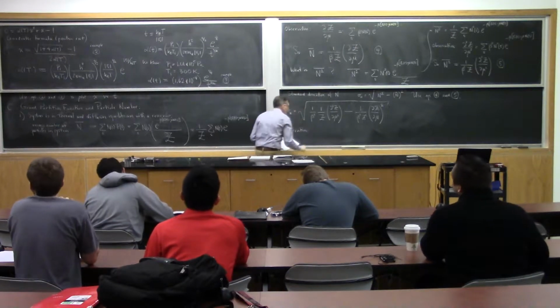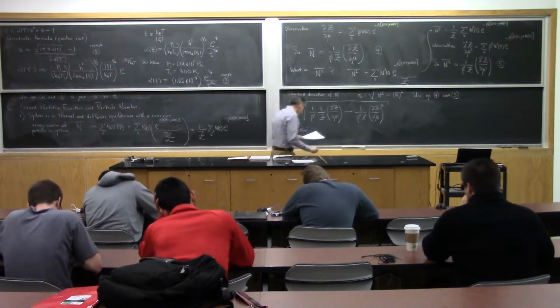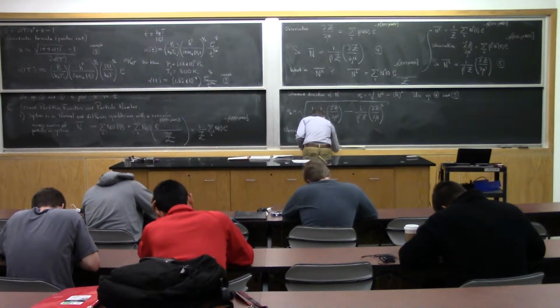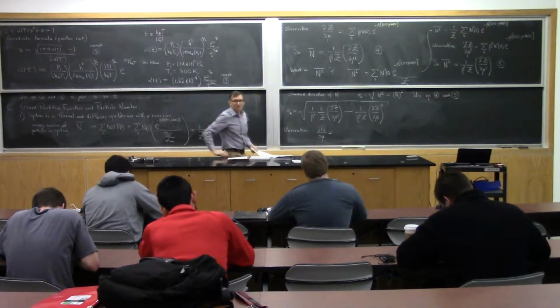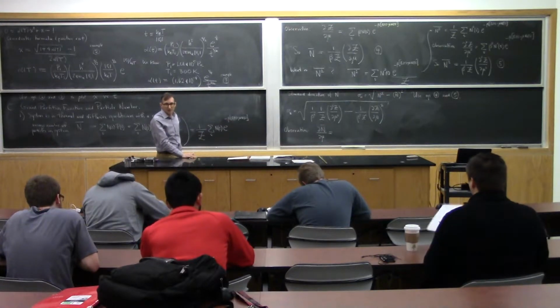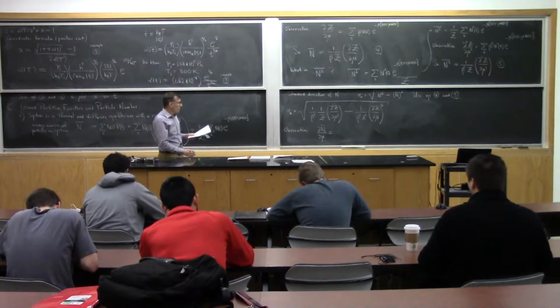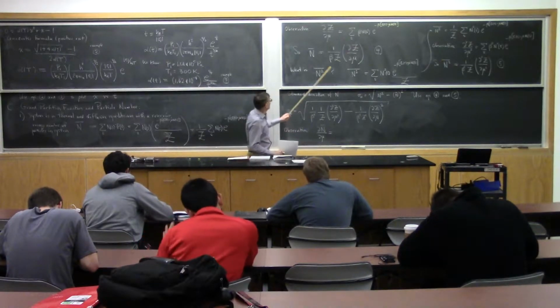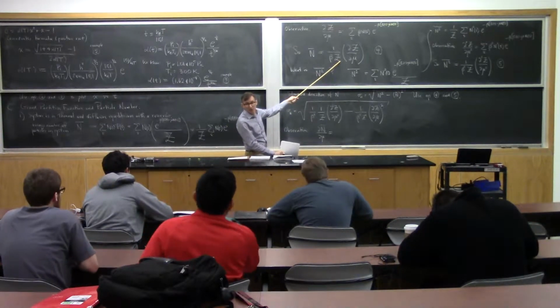What do we get if we take, it's a little bit different, the partial with respect to mu of n bar? Here's how you get n bar, equation 4.